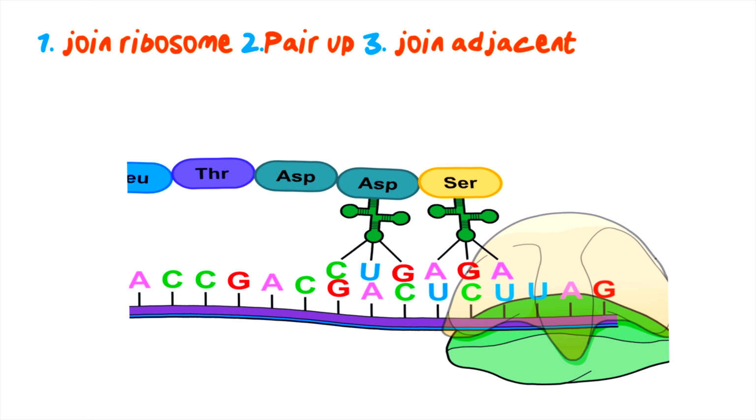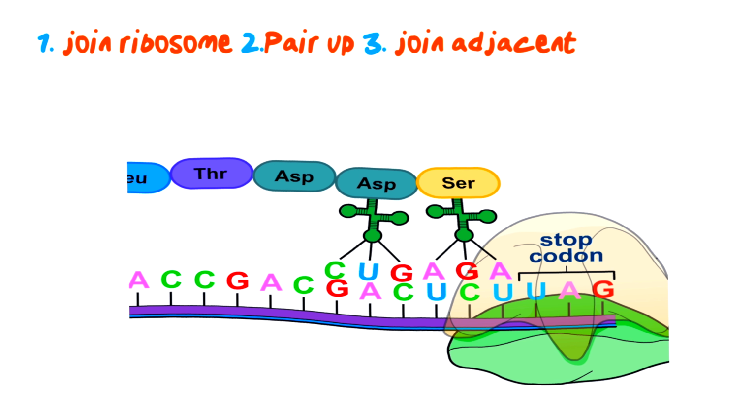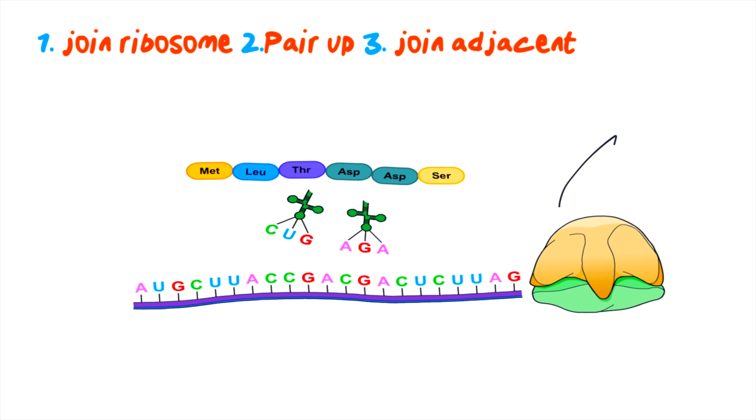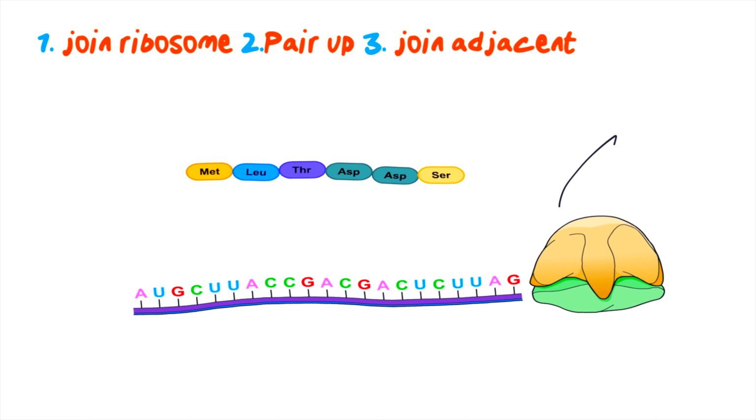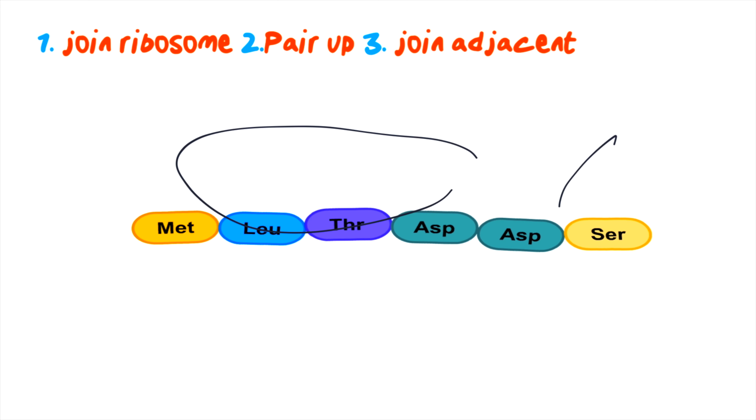The last triplet here doesn't have a corresponding tRNA. So this codon on the messenger, we call it the stop codon for a reason: there isn't any tRNA that would pair up with it, and that signals the end of translation. Now I have the polypeptide chain, which is ready to fold and form a protein.